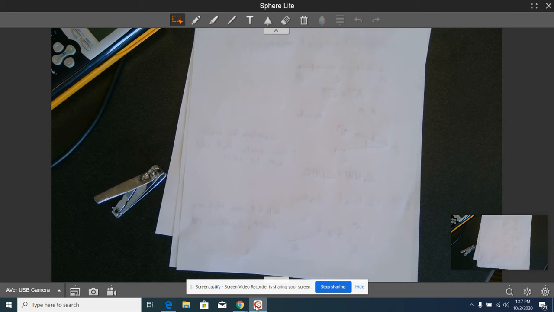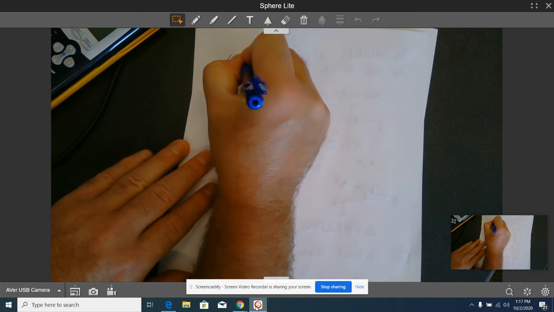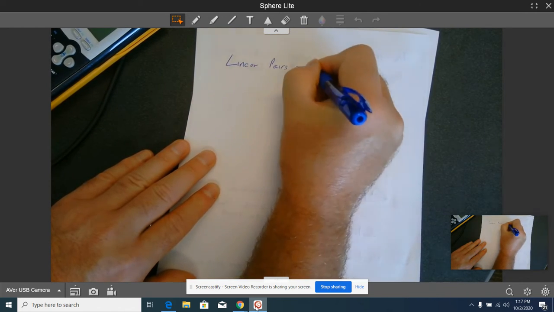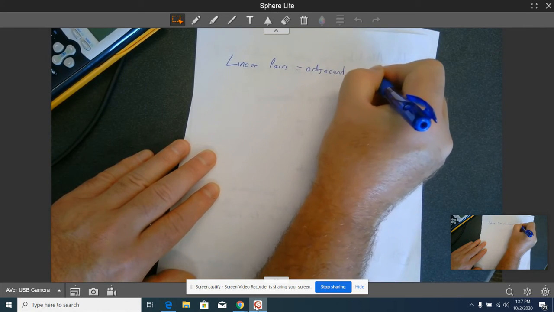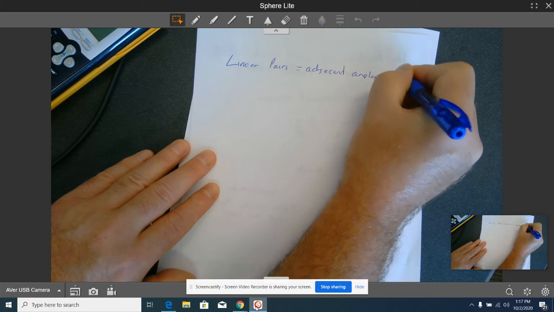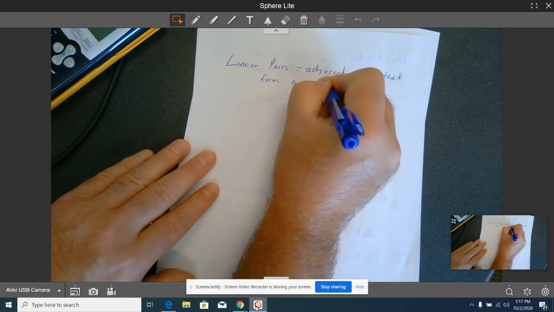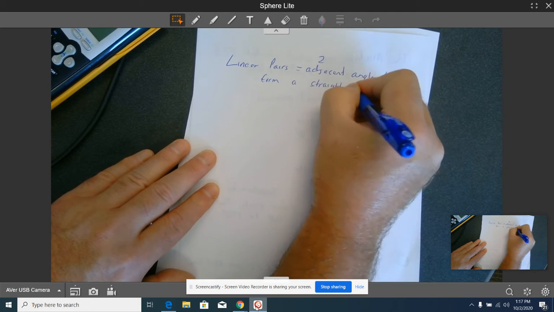Number 4, what are linear pairs? Linear pairs are 2 adjacent angles that form a straight line.